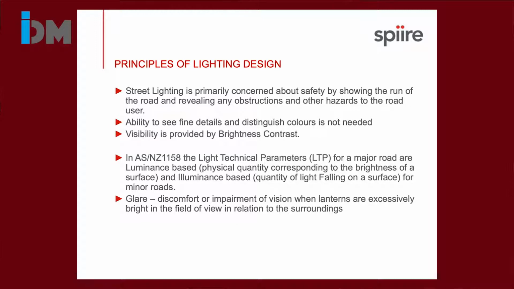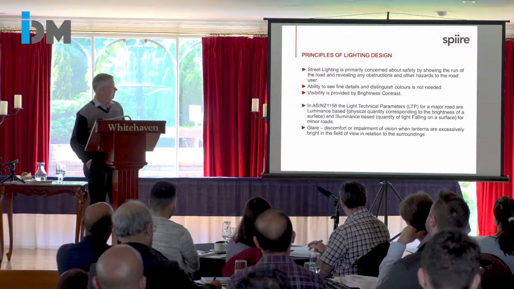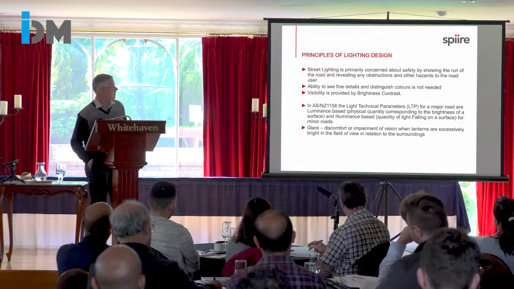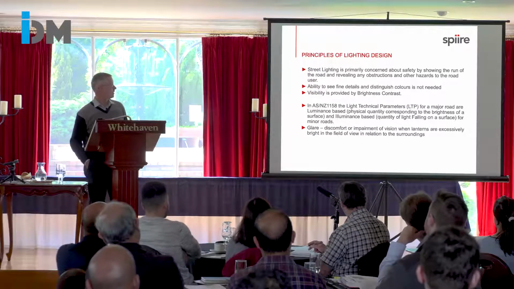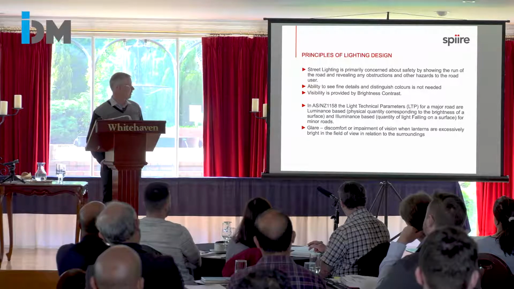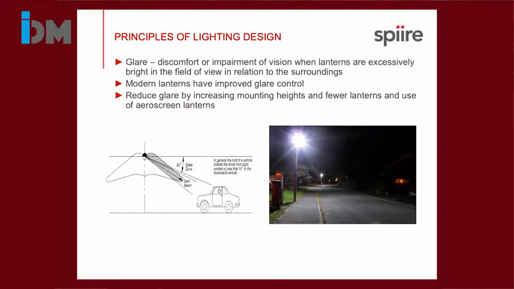In AS/NZS 1158, the light technical parameters for a major road are luminance-based, a physical quantity corresponding to the brightness of the surface, and an illuminance-based quantity of light falling on a surface for minor roads. And then you've got glare, which is discomfort or impairment of vision when lanterns are excessively bright in the field of view in relation to the surroundings.